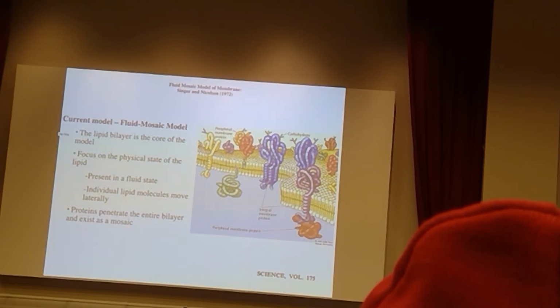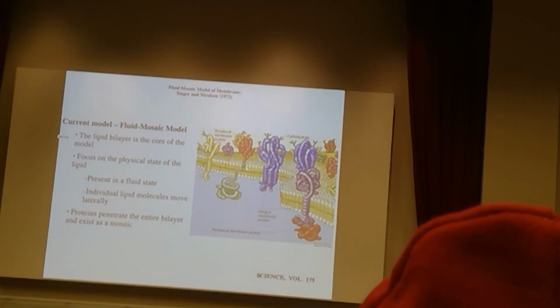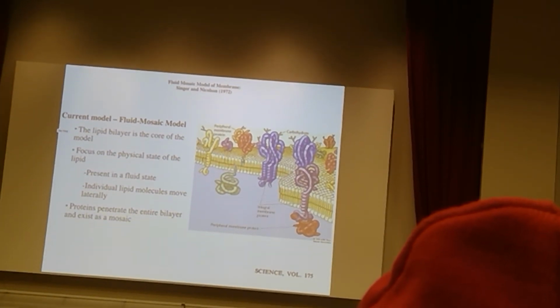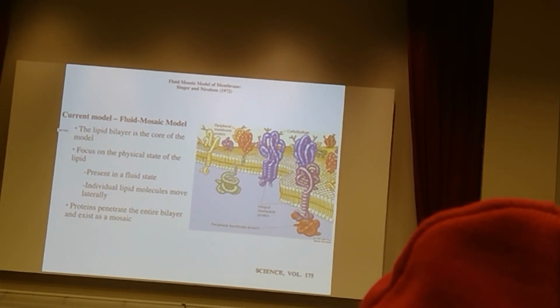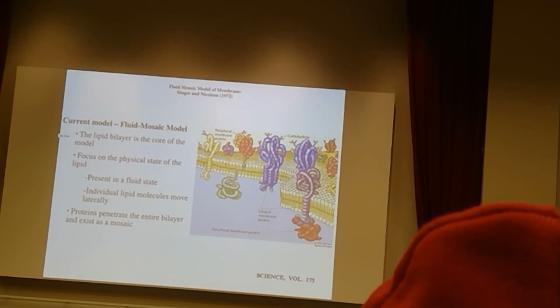This led two scientists, Singer and Nicolson, to come up with this model of the membrane. They called it the fluid mosaic model. And they described the fact that, yes, the membrane was composed of a bilayer, but that bilayer was present in a fluid state, and that the proteins were kind of swimming as components in this mosaic within the membrane, and that they were free to diffuse in those two dimensions.